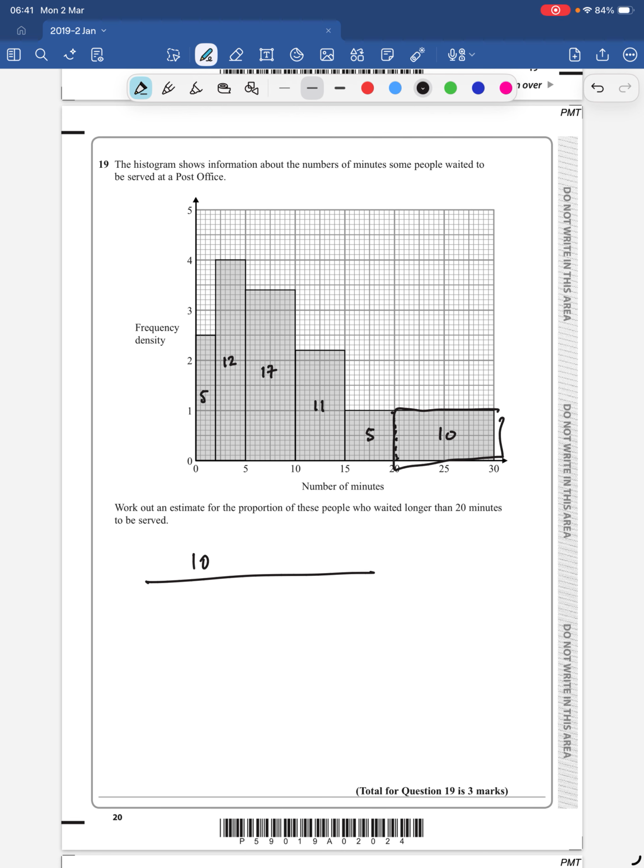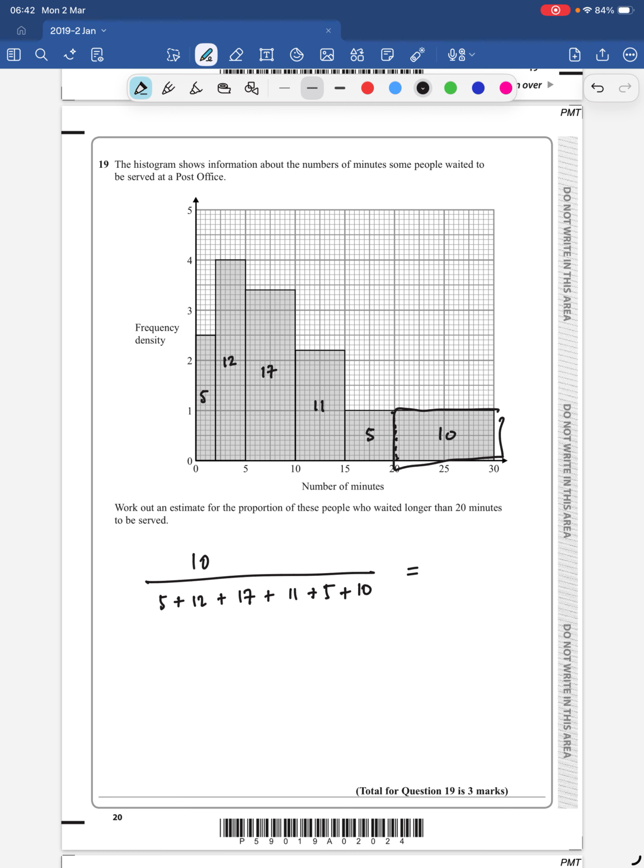out of all of them, and all of them are 5 plus 12 plus 17 plus 11 plus 5 plus 10, and I want to include that last one at the end, otherwise I don't get a fraction of all of them.